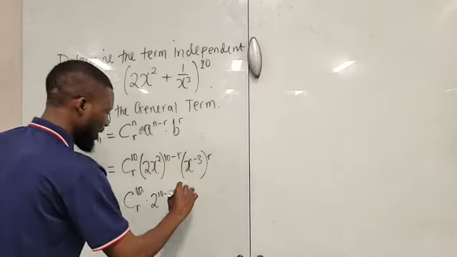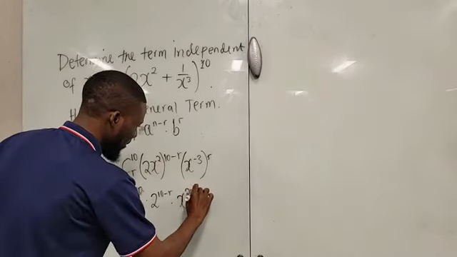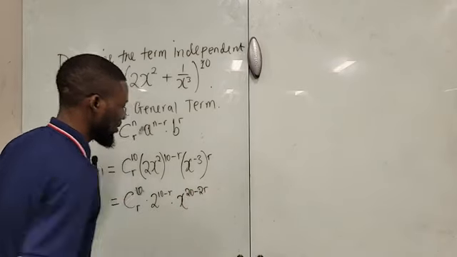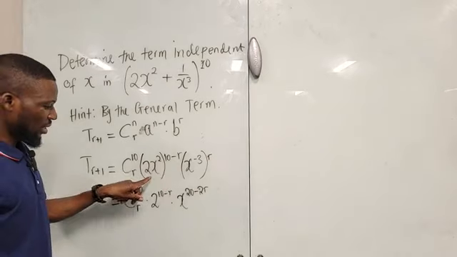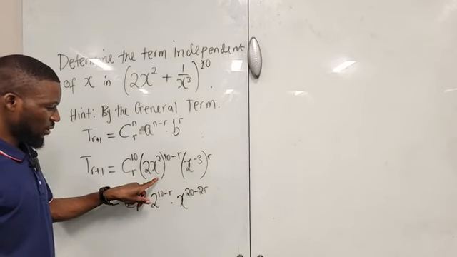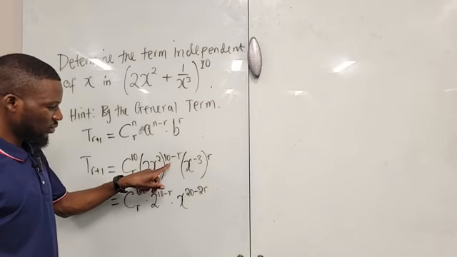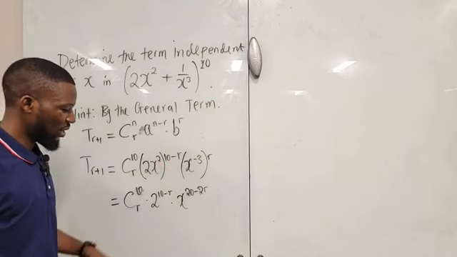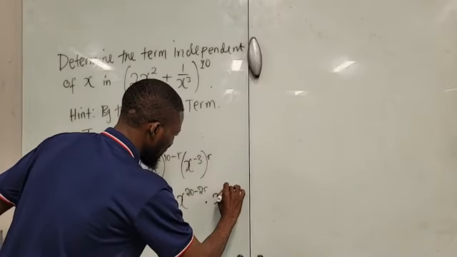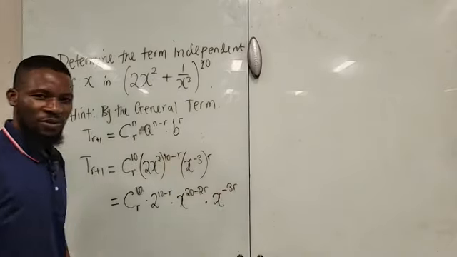So this is 2 by 10 is 20 minus 2r. Okay, so I take 2 to the power 10 minus r, then multiply by x to the power 20 minus 2r. Then this is multiplied by x to the power negative 3r.